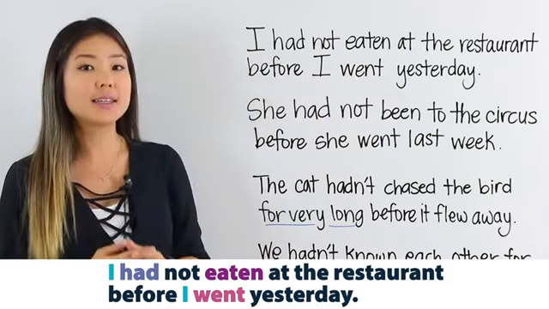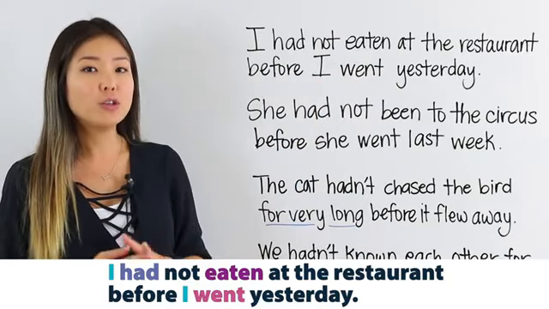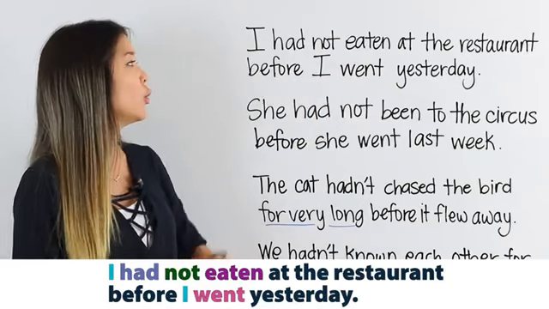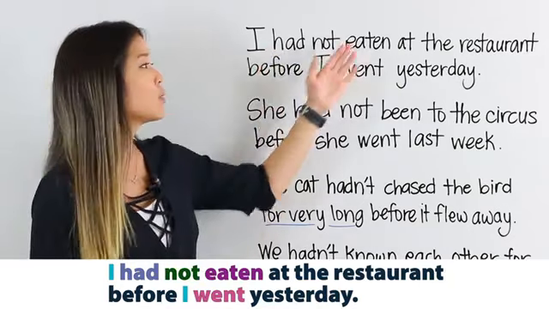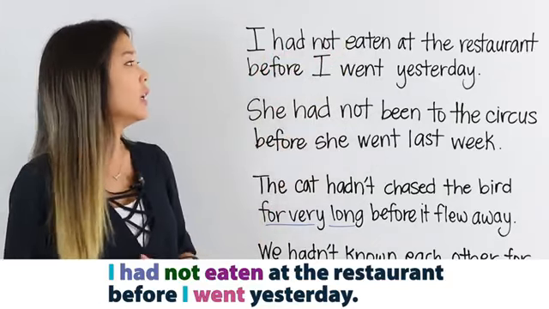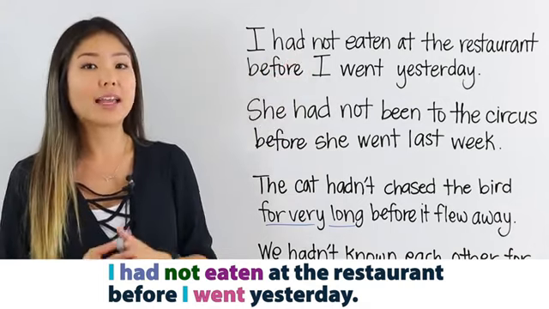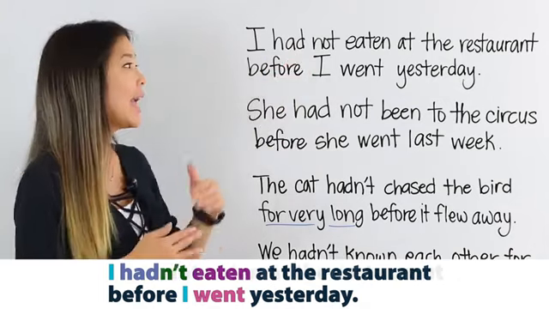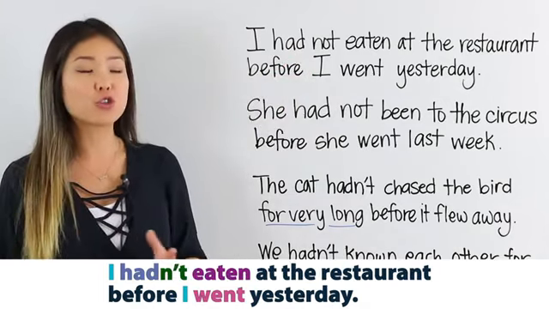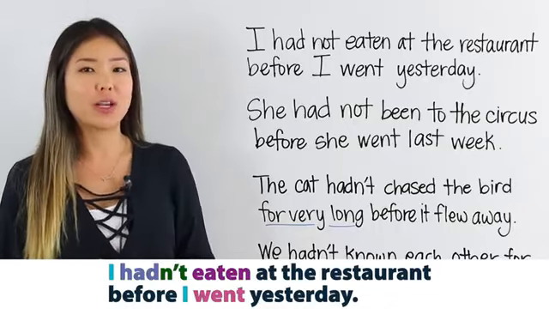However, because this is the negative, what I'm going to do is add a not between the had and the past participle of the verb. So I say, I had not eaten, or I can use the contraction and say, I hadn't eaten at the restaurant before I went yesterday.